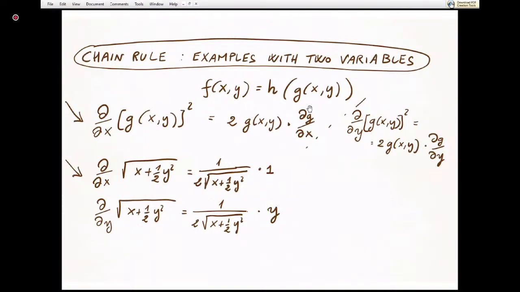Here I have the inner function, which is a two-variable function. But what about the outer function in this example? This is a one-variable function. This means that in the first step, I have two input variables, x and y. In the first step, I have g that transforms the pair xy into a number. And then this number is again transformed by a one-variable function, h. This is one possible structure, but there are more.